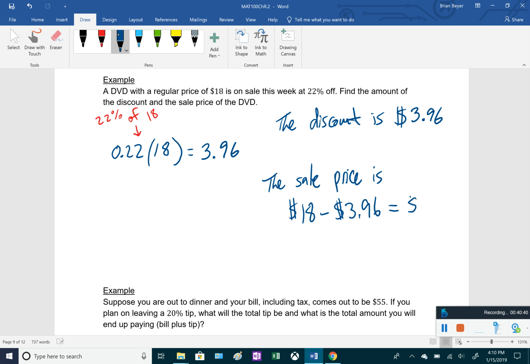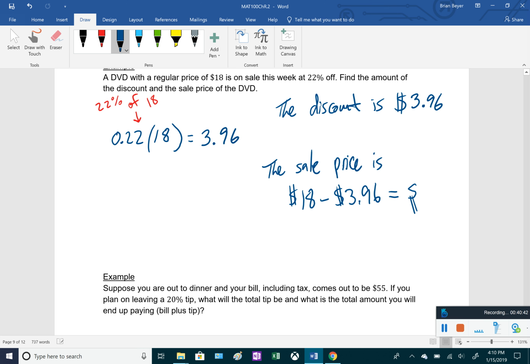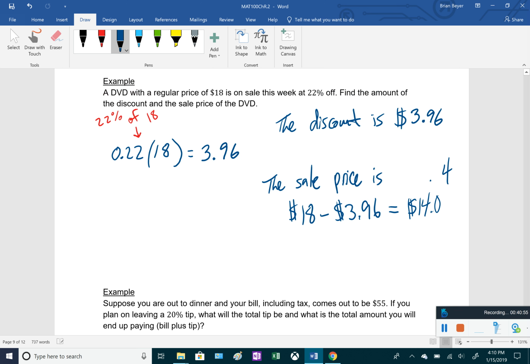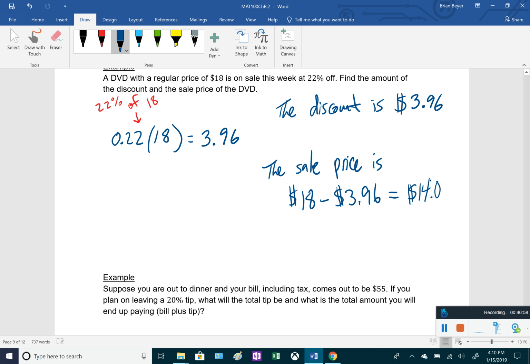So the sale price is going to be $14 and 4 cents. Okay, so discount $3.96, making the sale price $14.04.